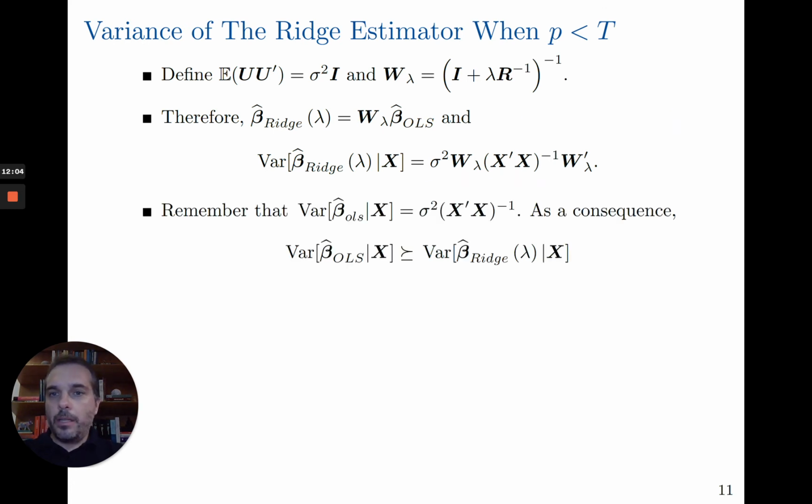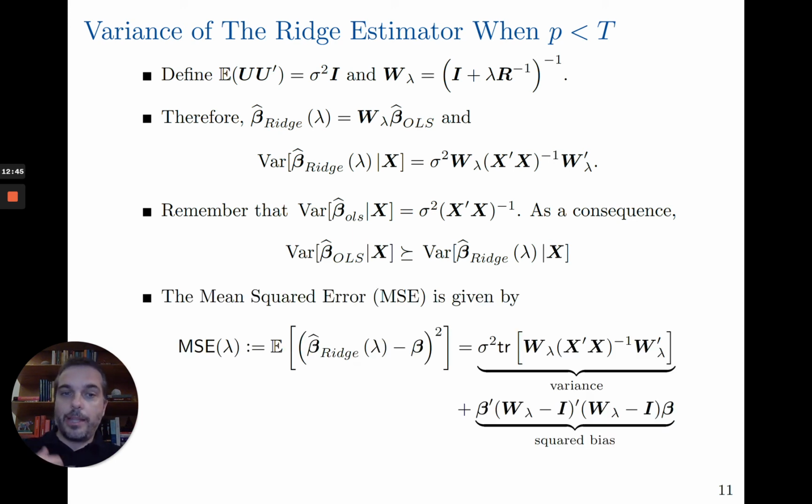That's exactly what I wrote now on your screens. As a consequence, the variance of the OLS will dominate the variance of the ridge. So what we are seeing is that we introduce a bias in the ridge, but we can reduce the variance, such that we can have an estimator with a lower MSE. The bias variance trade-off kicking in.